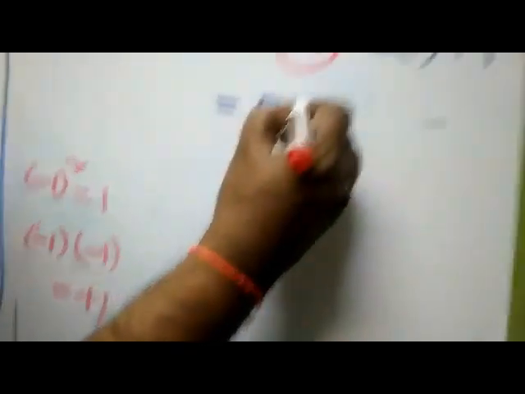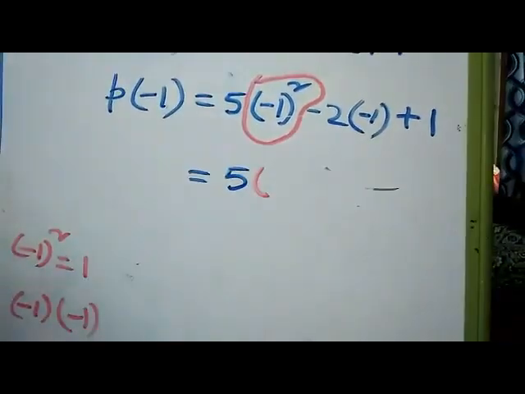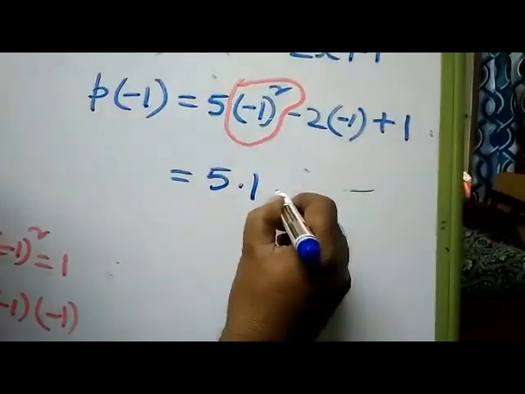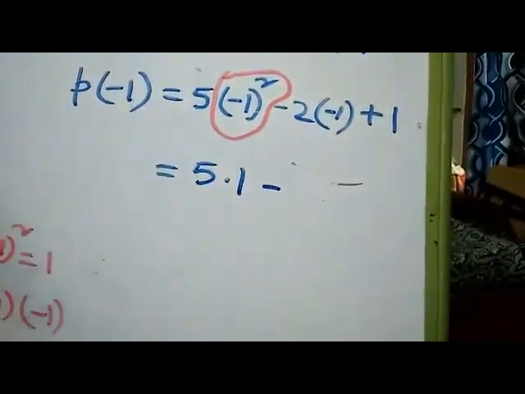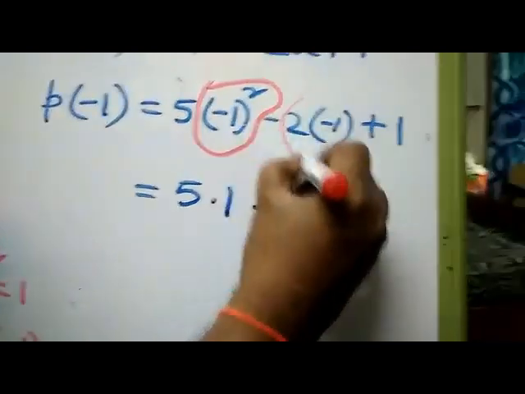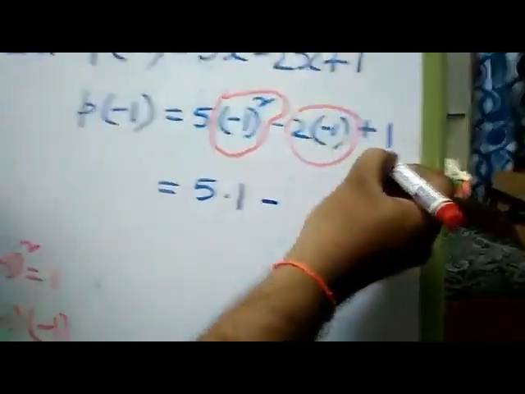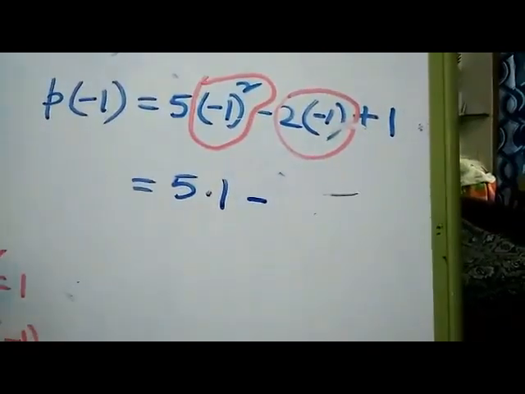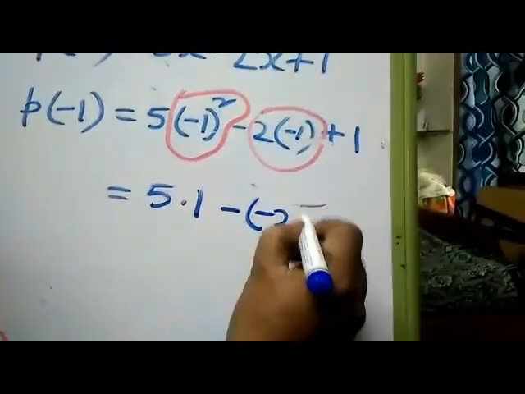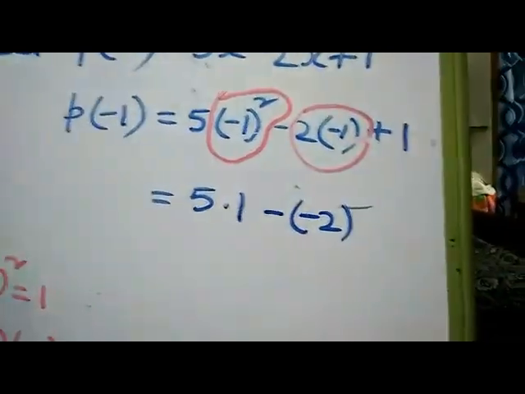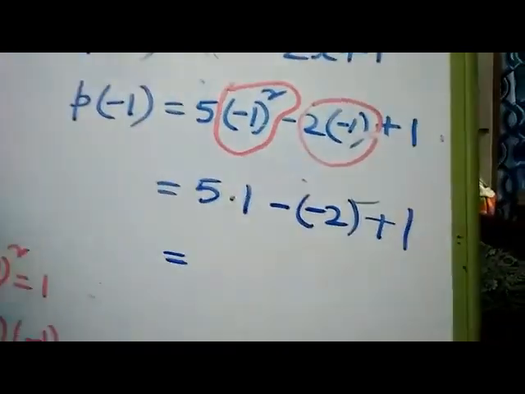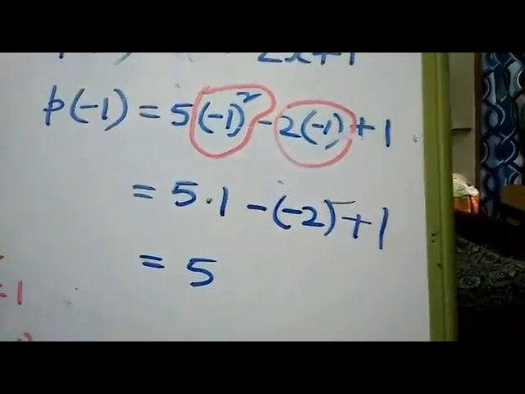That's why 5 into 1. Simplify this part: 2 into minus 1 is equal to minus 2. Next plus 1. 5 ones are 5.